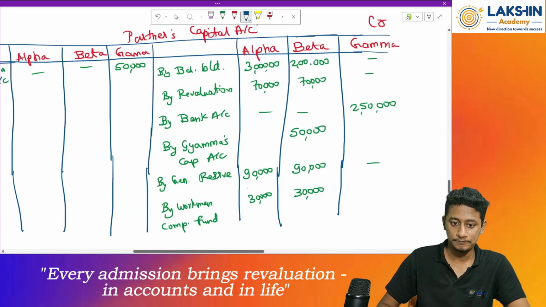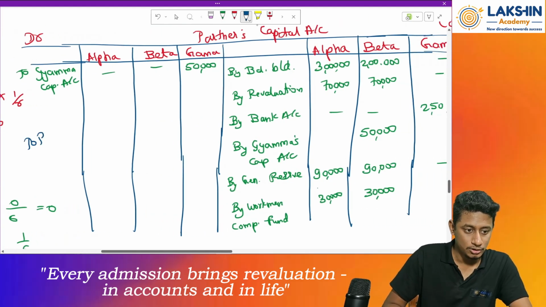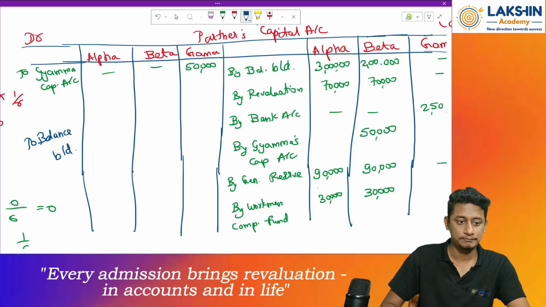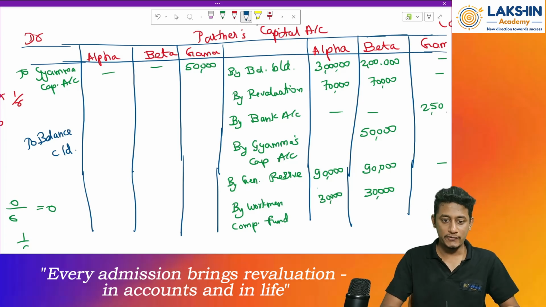Now what to do? Now balance the account. Let's see. So to balance brought down, carried down. CD before BD.